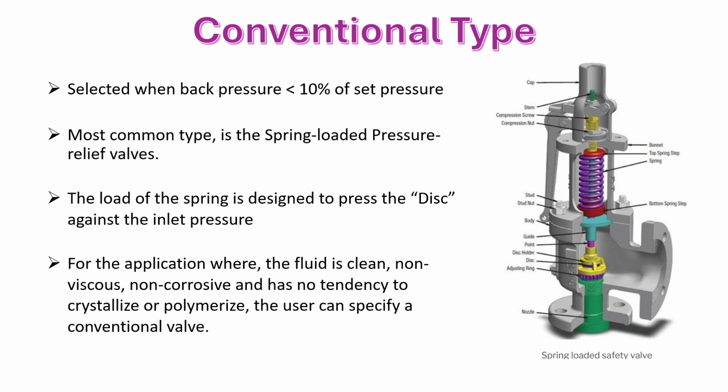The user can specify the conventional type safety valve, and it is flexible as per applications. It can be used on a variety of fluids, whether compressible or non-compressible liquids, making it suitable for diverse process conditions.